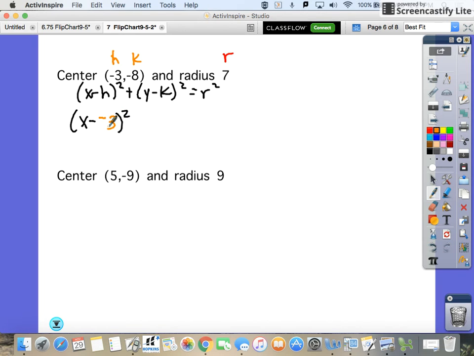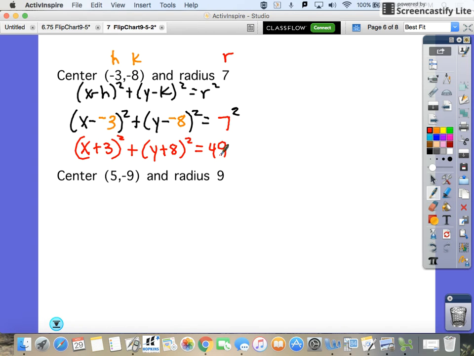So we have to stack the negatives even though it's ugly. y minus k is -8 squared equals r is 7 squared. This simplifies to x plus 3 squared plus y plus 8 squared equals 49. And what you might notice is if this is a negative, it's positive here. Negative is positive here.